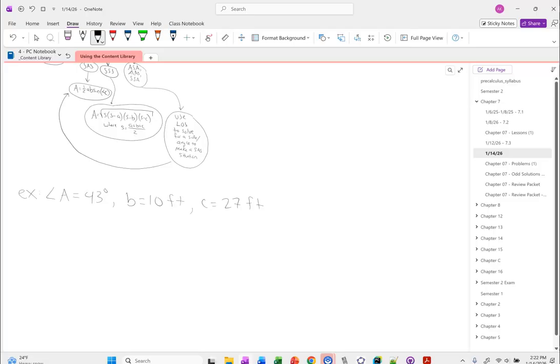What am I going to start by doing? Drawing a picture. What do I want to find out? I want to find out which one of these cases it is, because I don't know if it's 90 degrees or not. I suspect not, but there's no way to tell, so I can't just assume it is.